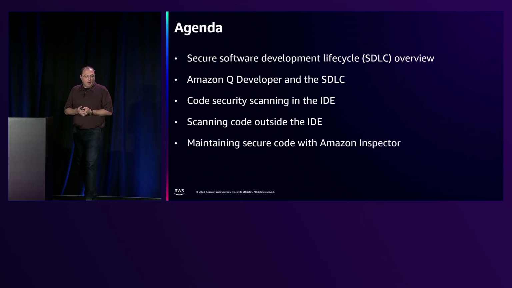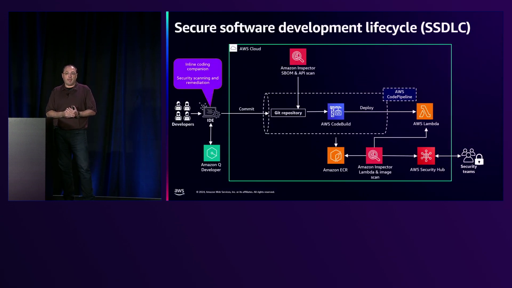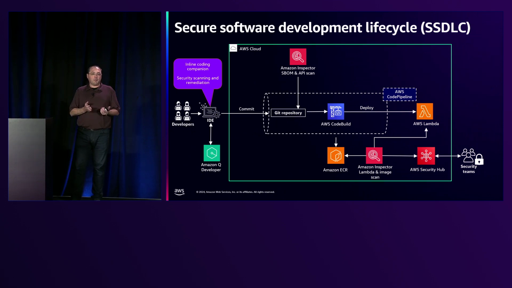So let's get started. First, the software development lifecycle. There's a number of ways that our customers put together a set of pipelines to move code into production. We also have to ideate on that code.